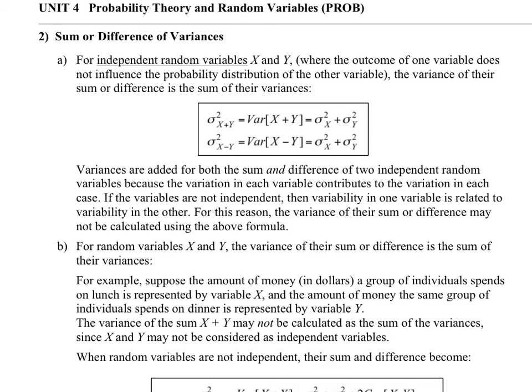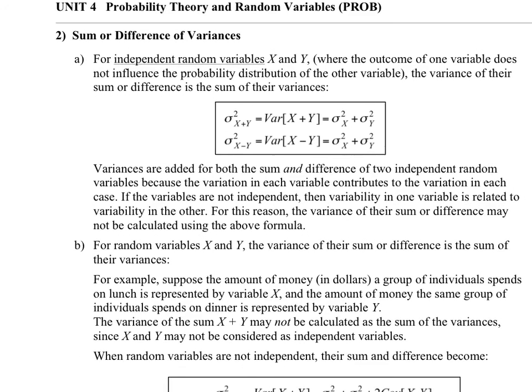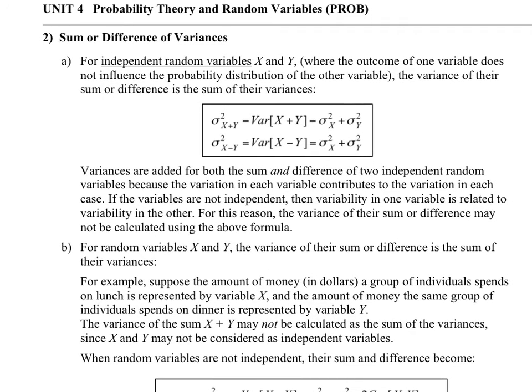Now the variance of the sum, or the difference of random variables, is going to depend on whether there's a relationship between the two variables to determine the new variance. All right? If the variables are independent, then the sum or the difference will have a variance that is the sum of the two variances, the original variances, okay?